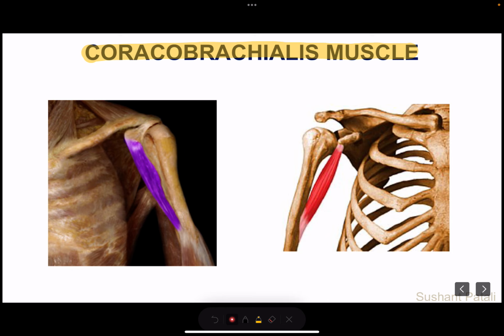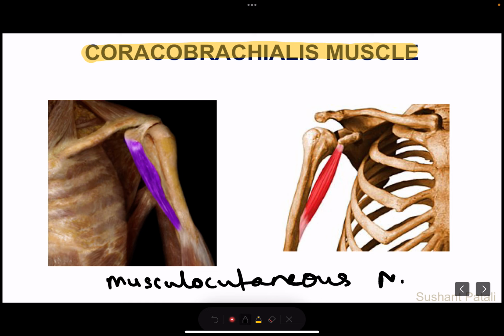Now what about the nerve supply of the coracobrachialis muscle? The coracobrachialis muscle is supplied by the musculocutaneous nerve. In fact, the musculocutaneous nerve pierces the coracobrachialis muscle. Basically it passes between the two heads of the coracobrachialis muscle.